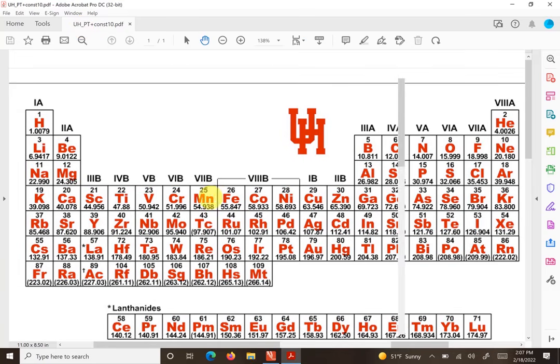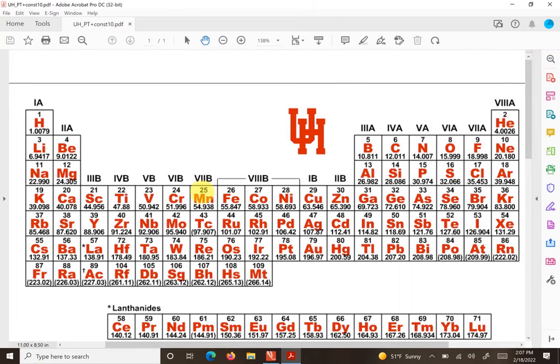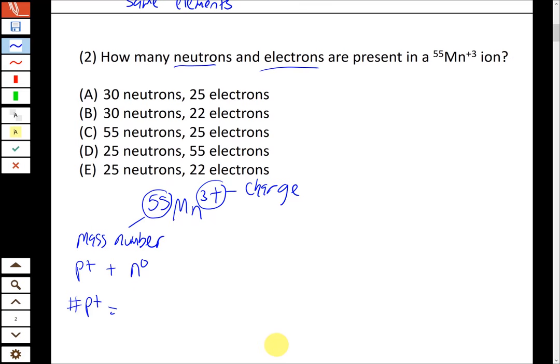So Mn is here in the middle of the transition metals, and the number right above it is 25. So that tells us that the atomic number is 25, which tells us how many protons that atom would have. So from the periodic table, if we know the atomic symbol, the symbol of the element that we're dealing with, we can just find the number that corresponds to that, and that directly gives us the number of protons.